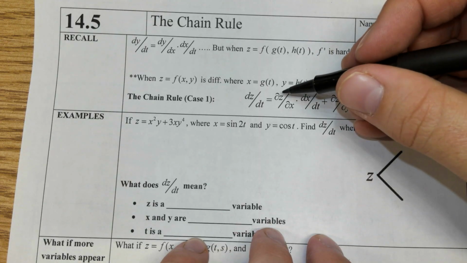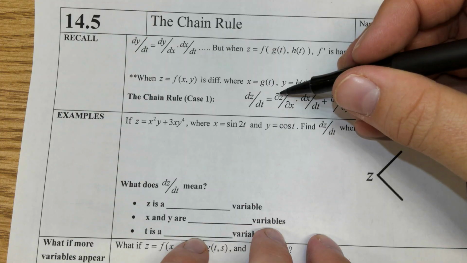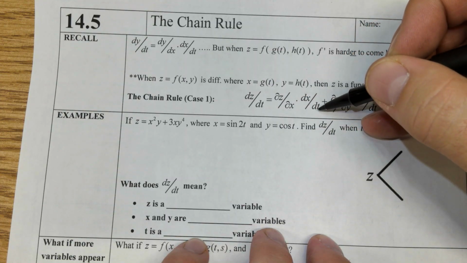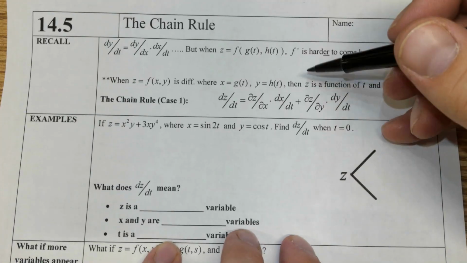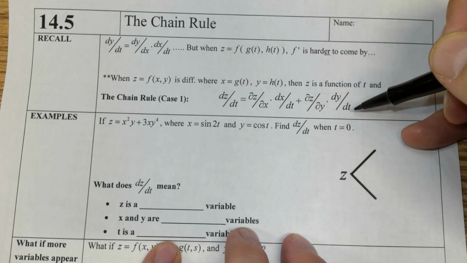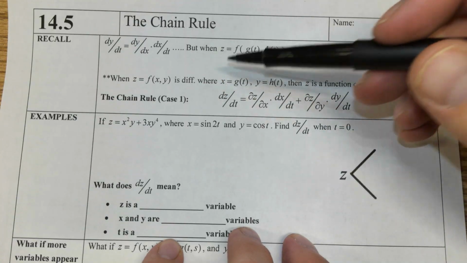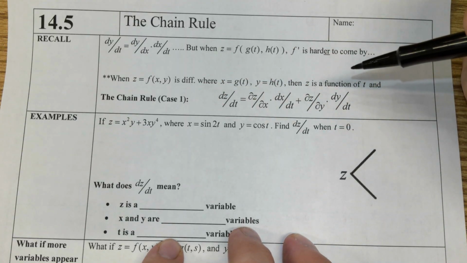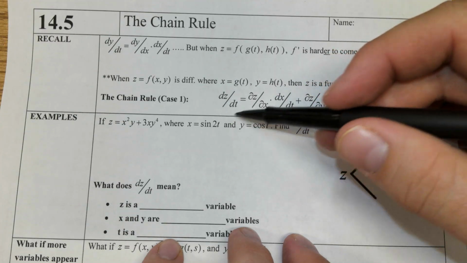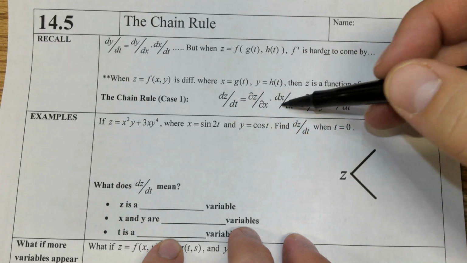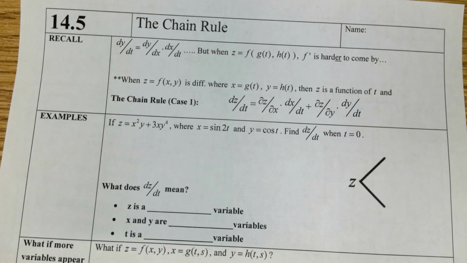And what you'll end up seeing is that this is the part of z that depends on t that comes from x. This is the part of z that depends on t that comes from y. And since z only depends on x and y, and therefore t, I'm able to find the total change in t by combining those changes from x and y.